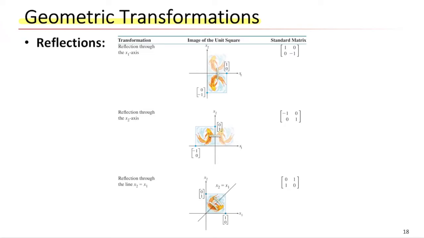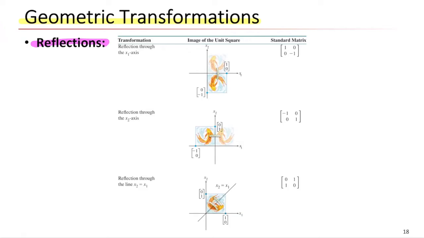But if you understand the property or the action of those kinds of matrices, you can easily understand the mapping property of the matrix A. Okay, first of all, let's start from the reflection.